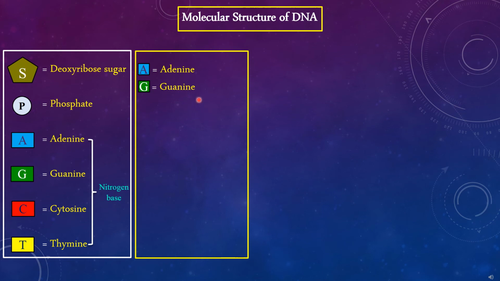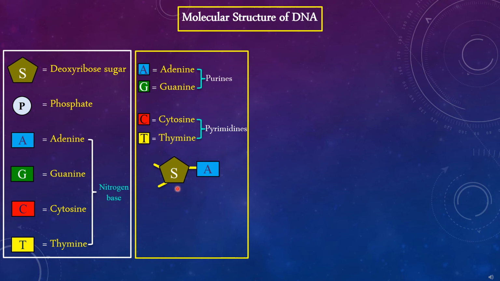Adenine and guanine are called purines. Cytosine and thymine are called pyrimidines. Nitrogen bases are of two types, purines and pyrimidines. A deoxyribose sugar and a nitrogen base, which may be adenine, thymine, guanine or cytosine, collectively are called a nucleoside.